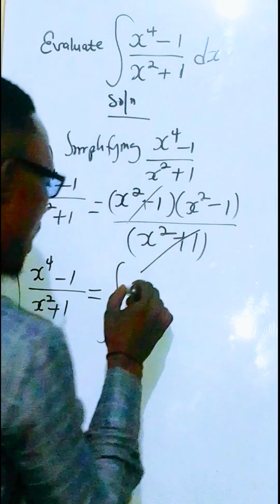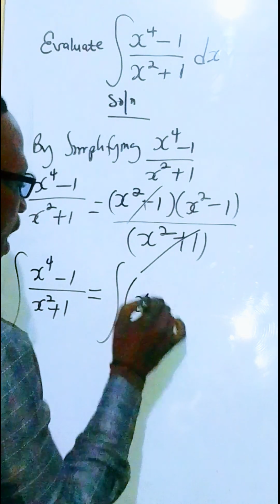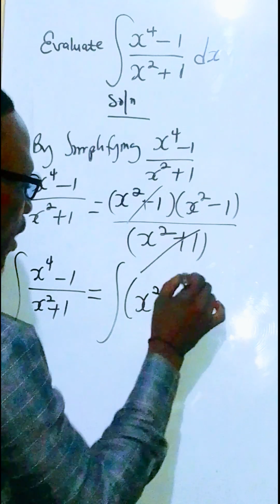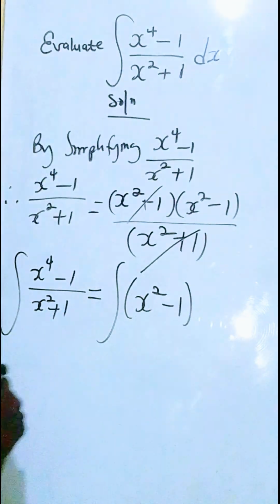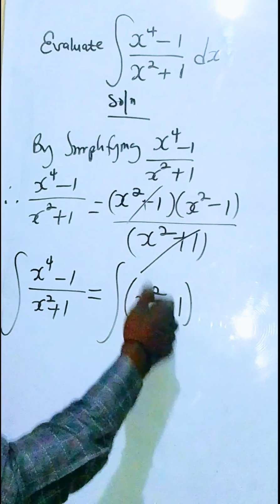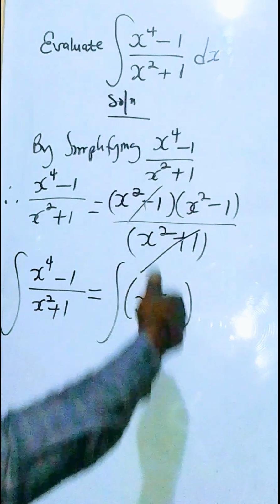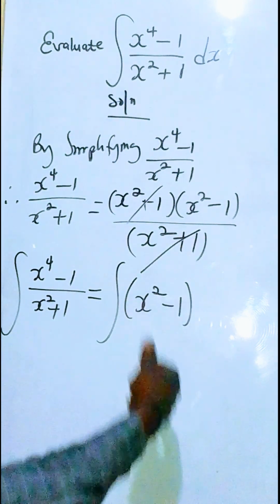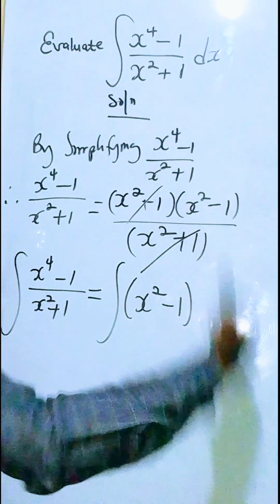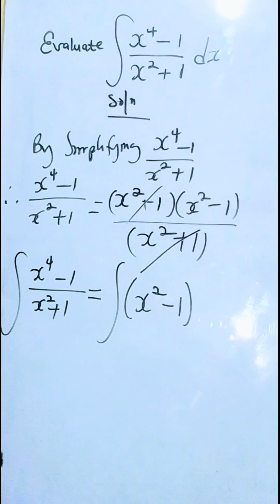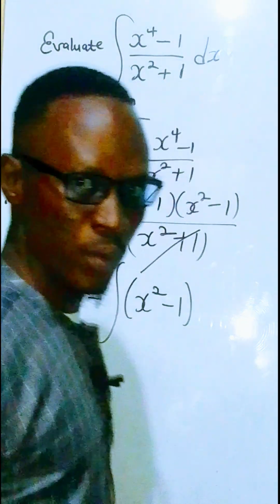I hope you are following. Now we know very well that if you integrate this, you are going to get x cubed all over 3 minus x plus c. The c becomes the constant value.